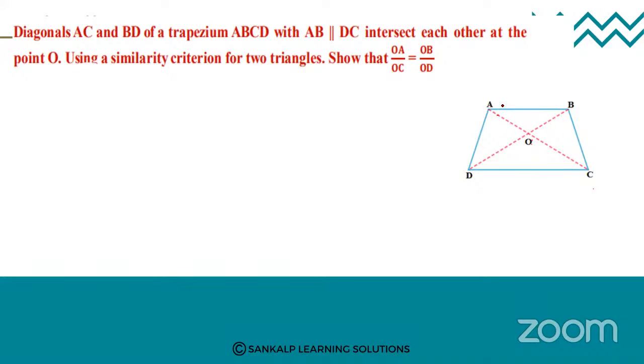There is a trapezium, and that trapezium is ABCD. Here AC and BD are two diagonals, and those two diagonals are intersecting at a point O. Now show that OA divided by OC is equal to OB divided by OD. Here we are going to observe two triangles.